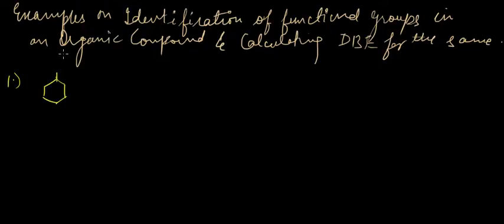It doesn't matter at this point of time whether you are able to recollect the name of any particular functional group or not, but the main thing is that you are able to recognize what functional group is present. Have you ever seen this functional group or not, or are you able to recollect the functional groups which we just discussed in previous lectures?